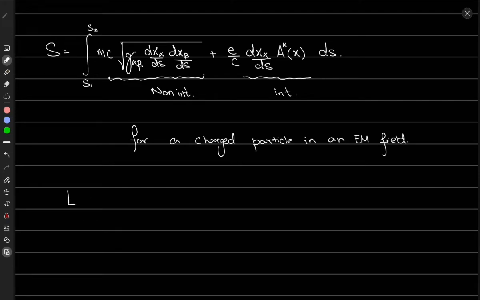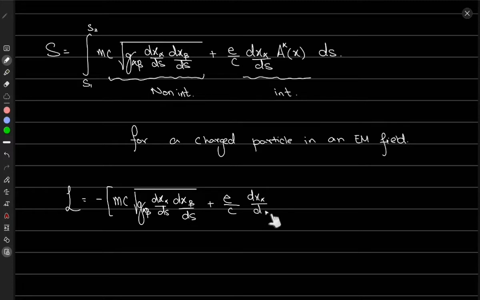So the Lagrangian, let's use curly L, would be minus MC square root of G alpha beta times dx alpha over ds times dx beta over ds, and then we have this term that is outside, plus E over C dx alpha over ds, and don't forget the electromagnetic potential, which is A alpha of x. So this is my Lagrangian.